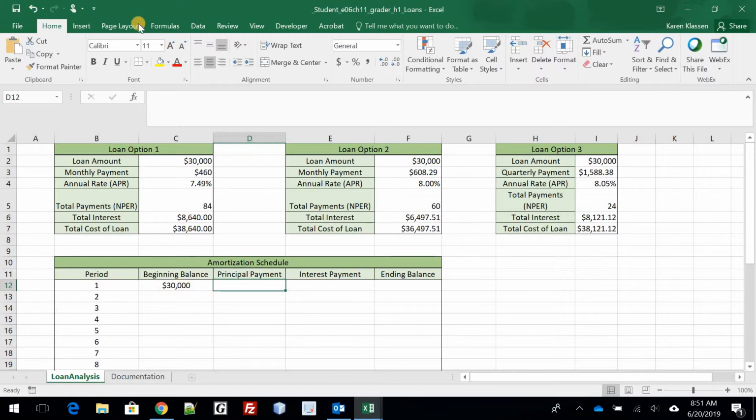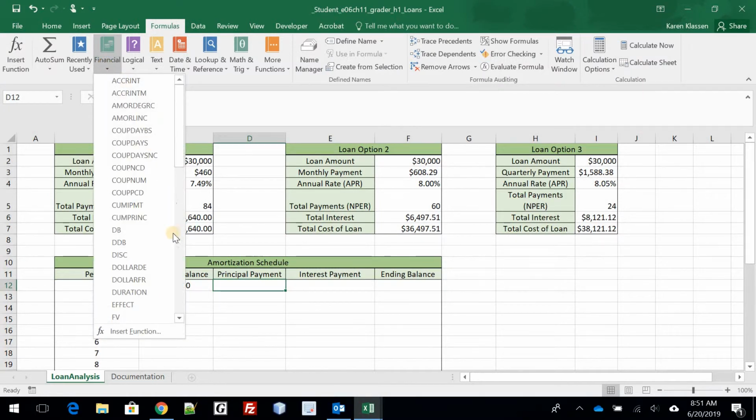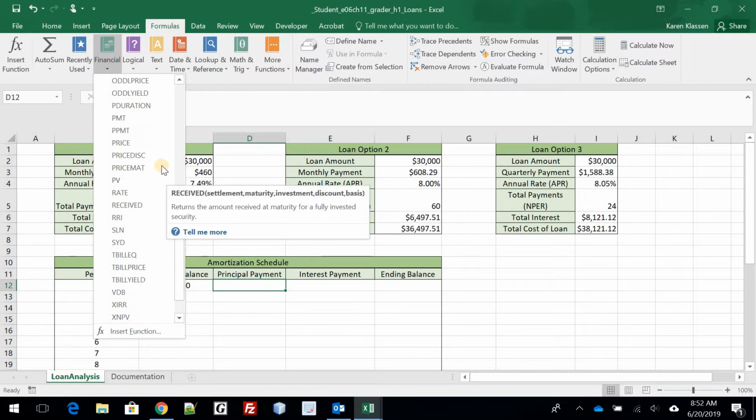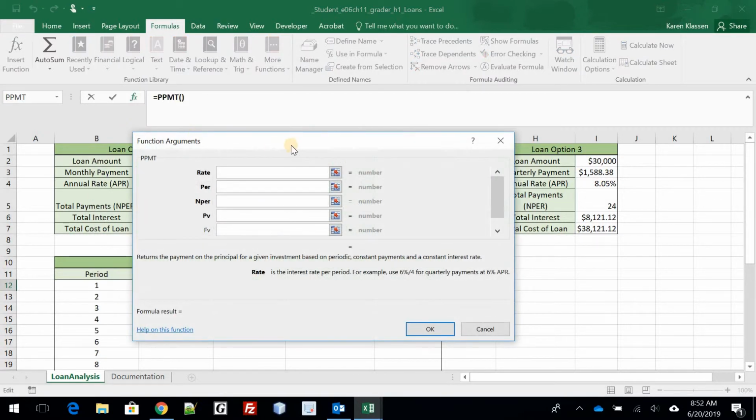Okay, and so we're going to go to formulas, go down to P, there's a payment, but then right under it is a PPMT, returns the payment on the principal for a given investment. Okay, so I want that one.